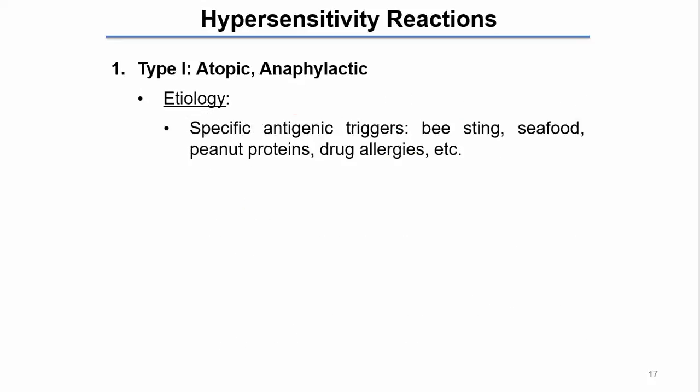What causes it is a specific antigenic trigger, and once you're sensitized to that antigenic trigger, it will be the trigger. So peanut proteins, various drugs, shellfish, dust mites, bee stings, pollen, whatever that antigenic trigger is, will trigger this type 1 response. Now, the only way to really treat it is to avoid the trigger.